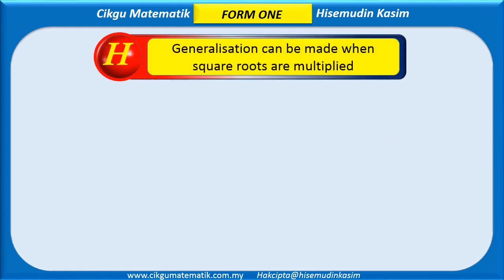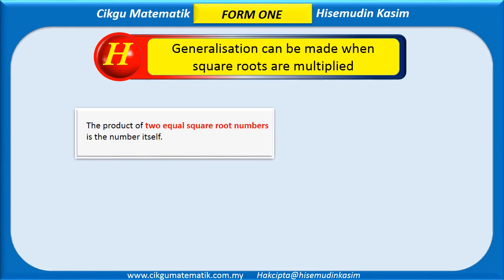H. Generalization can be made when square roots are multiplied. The product of two equal square root numbers is the number itself. The square root of 25 times the square root of 25 equals 25.